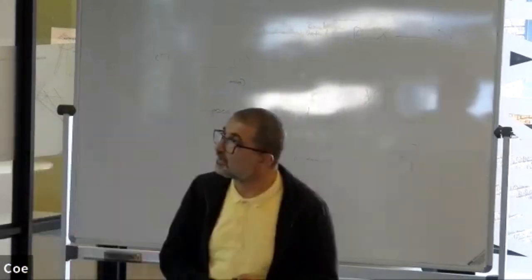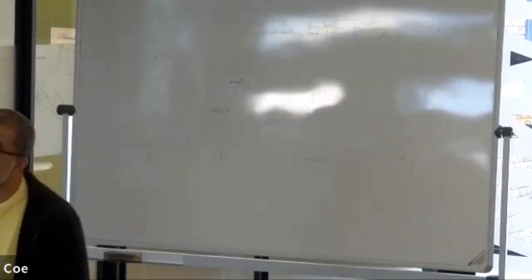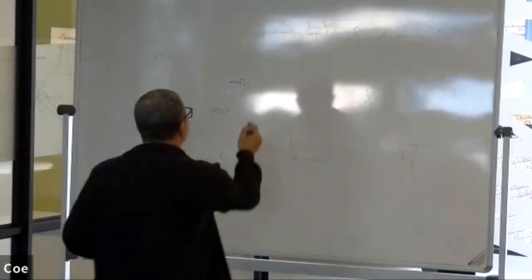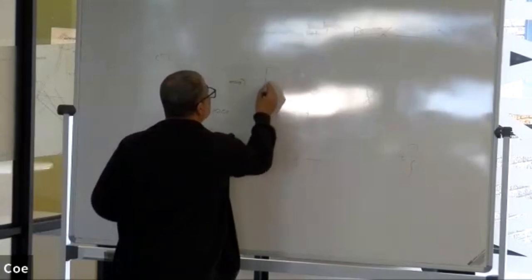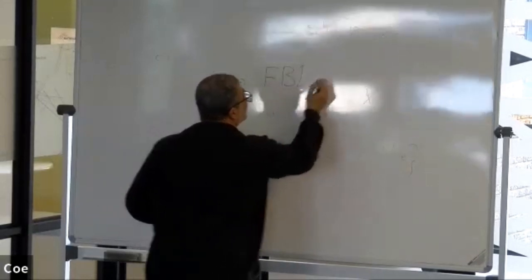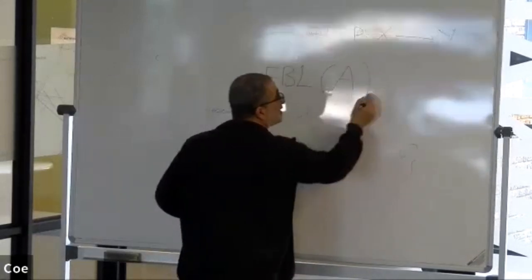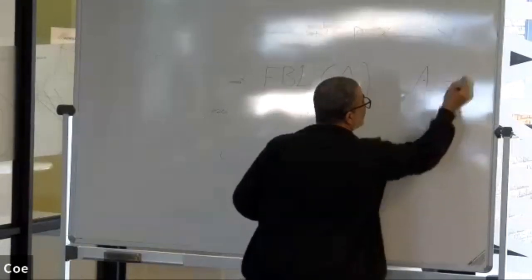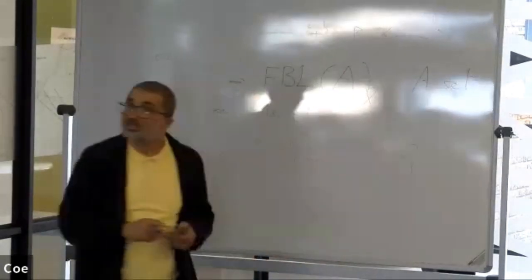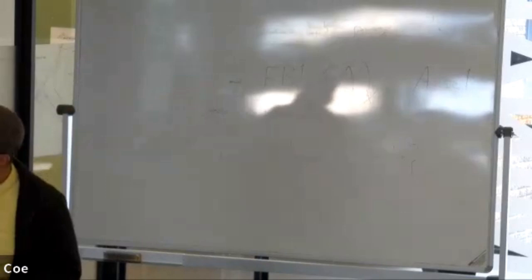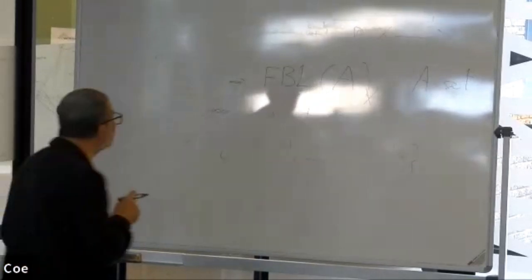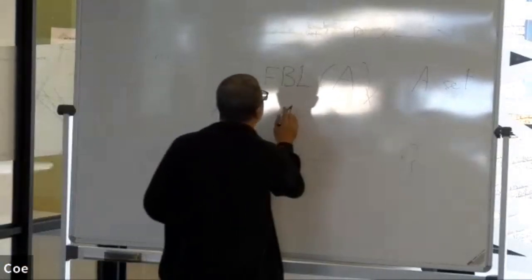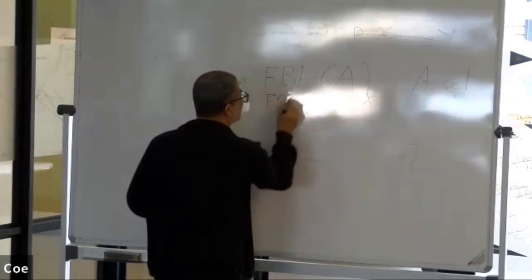What is this something? It can be a set, so we use this notation, the free Banach lattice generated by A, where A is a set. It can be a Banach space, and the notation is changed.